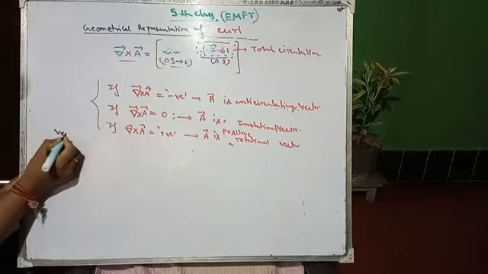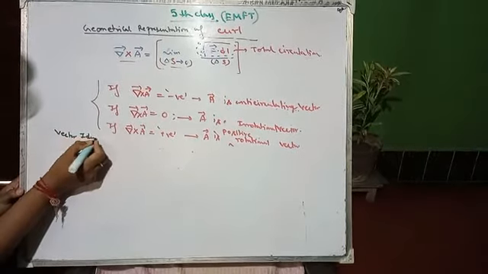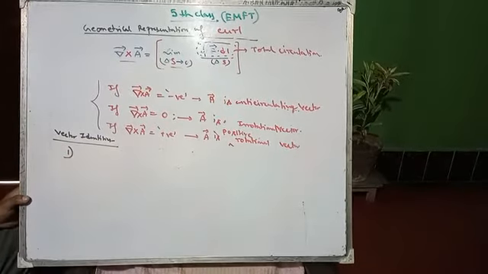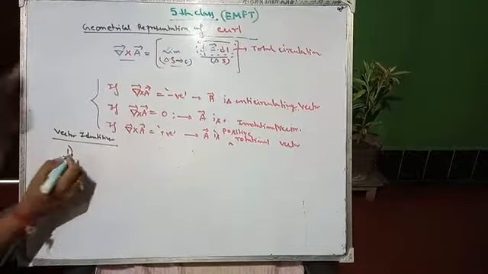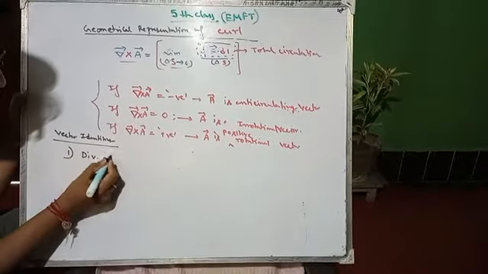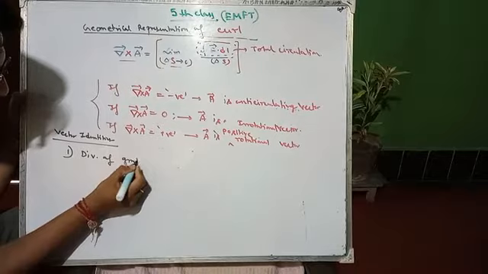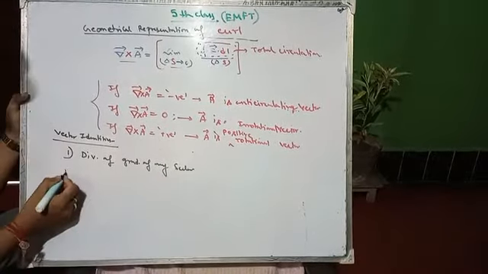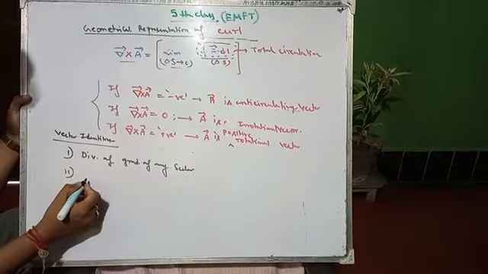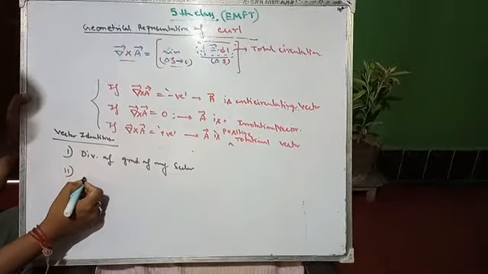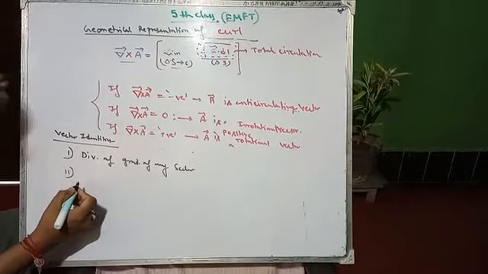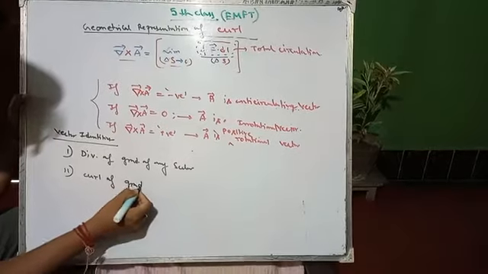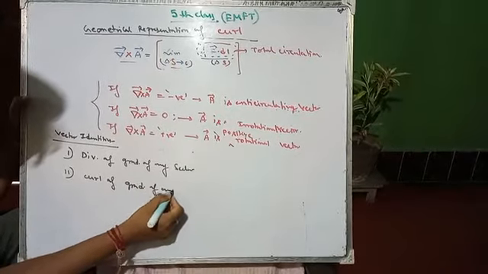So now the heading is vector identities. What are the vector identities? First one, write divergence of gradient of any scalar. Second one, curl of gradient of any scalar.